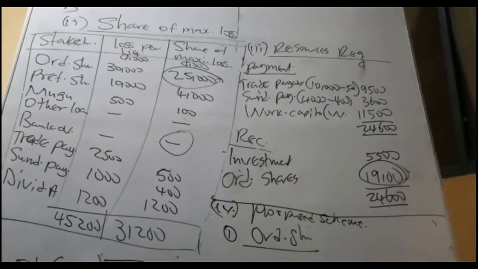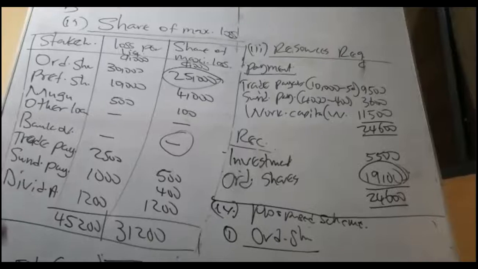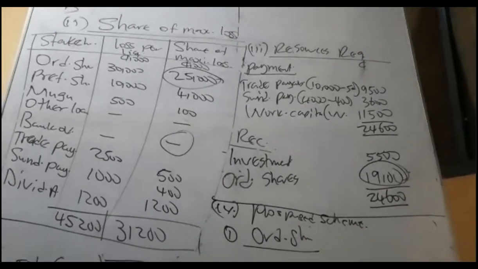We are done. So ordinary shareholders, they should agree to waive off 25 million and subscribe to new shares amounting to 19.1 million. That's all. We are done. So one statement, gone.